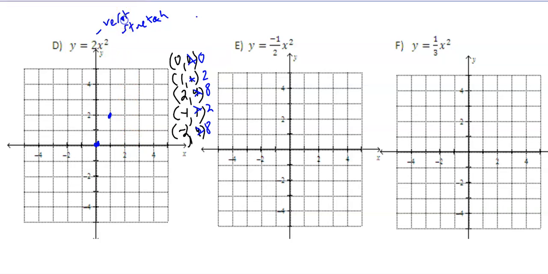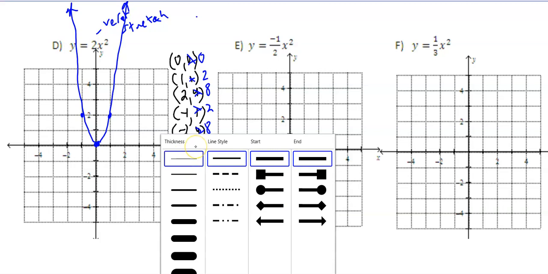It's hard to say. (-1, 2), (-2, 8), somewhere way up there. It's hard to graph. So this is a very skinny parabola, right? It's coming up very quickly. So that vertical stretch made it go up a lot quicker than it would have without the stretch. So it makes it kind of skinny.